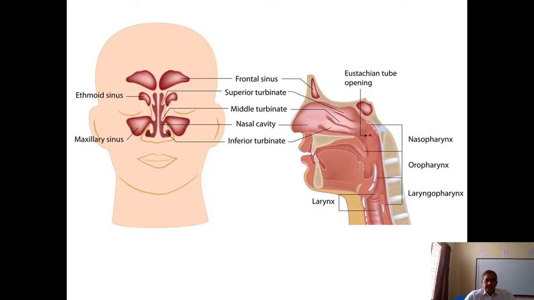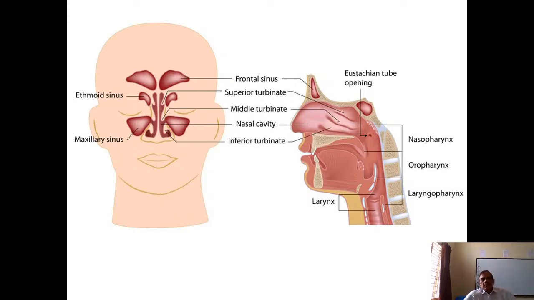For example, in conditions like adenoiditis, which is quite a common condition in children, the nose is blocked, and so the children start breathing through the mouth.